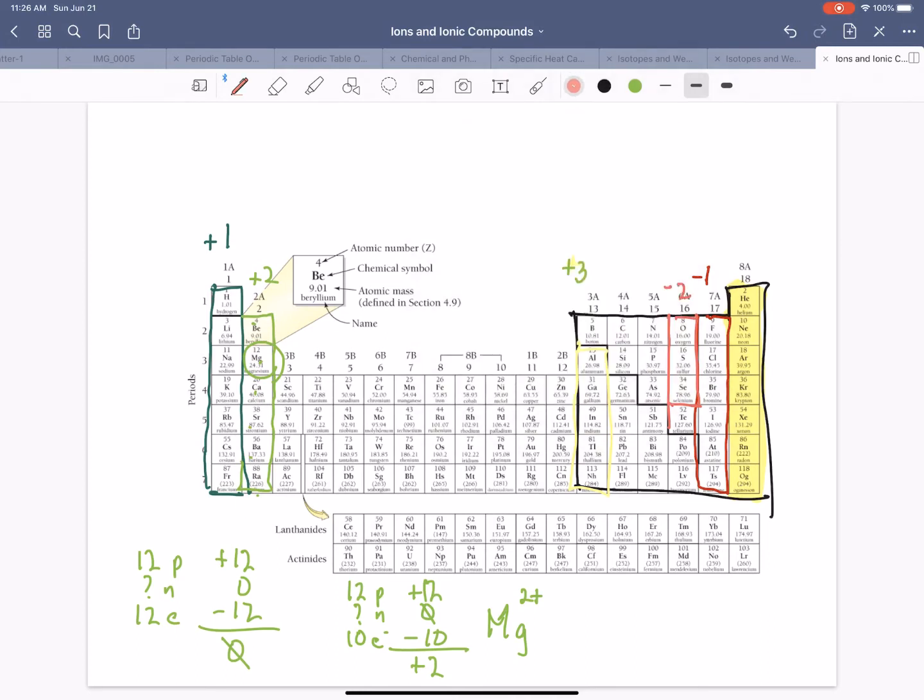Nonmetals in group 5 would gain 3 electrons. So there's a pattern based on an element's position to the noble gases. Metals lose electrons to have the same number of electrons as a noble gas, or be isoelectronic with a noble gas, and nonmetals gain electrons.